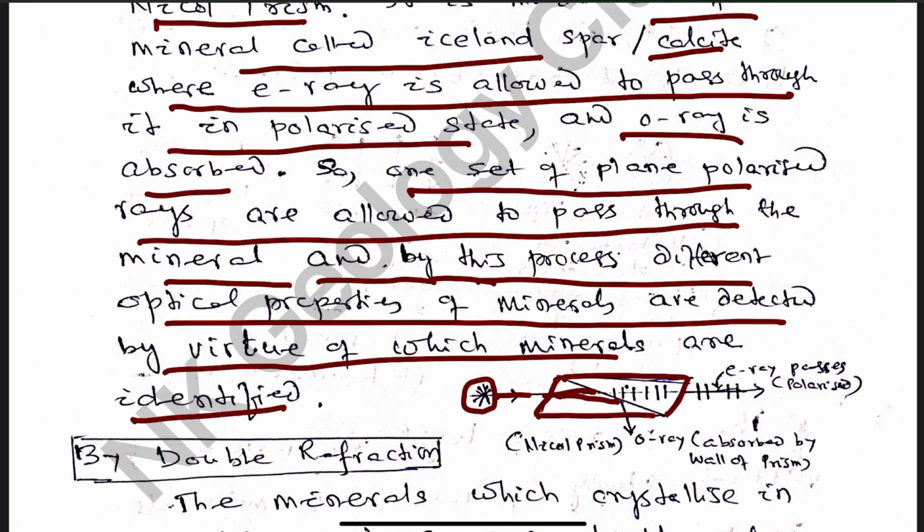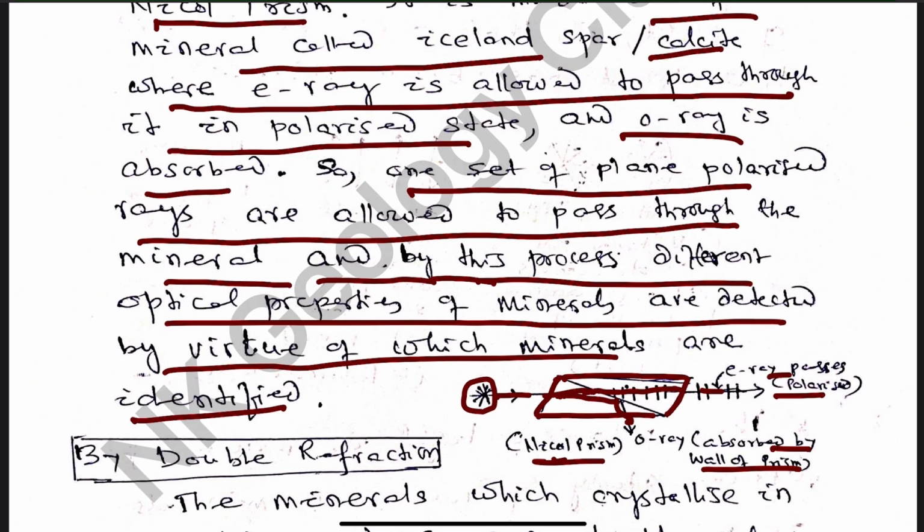These are the two rays. This is the O ray, this is the E ray. The O ray is thrown to the sides of the prism where it is absorbed. In the nickel prism, the O ray is absorbed by the walls of the prism, and the E ray is allowed to pass through, vibrating parallel to the short diagonal of the rhombic face of the calcite.